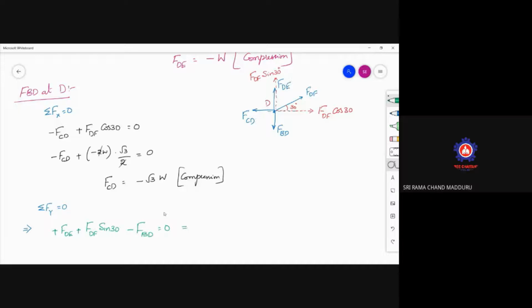Here we should know the value of FBD. So FBD is equal to FDE plus FDF sin 30.